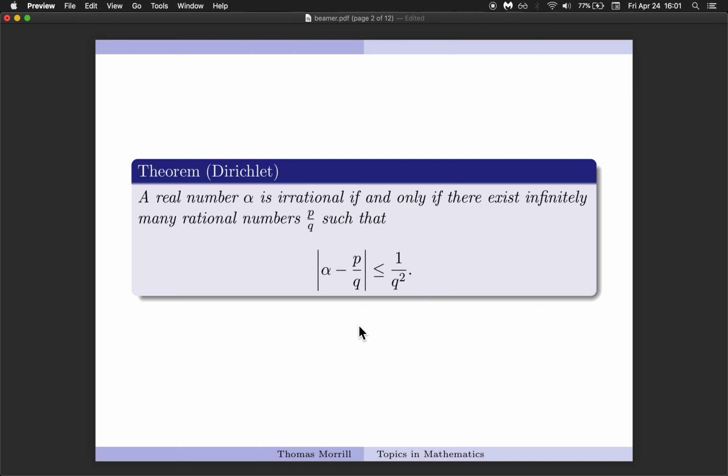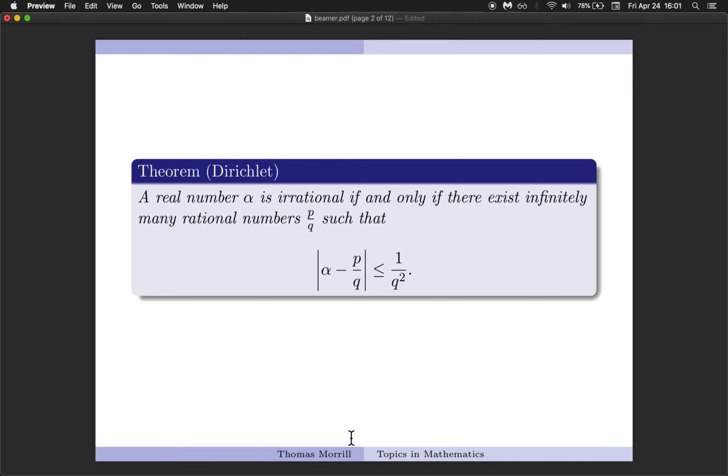Dirichlet tells us that a real number alpha is irrational if and only if there exist infinitely many rational numbers p over q that satisfy this inequality that I've been talking about.